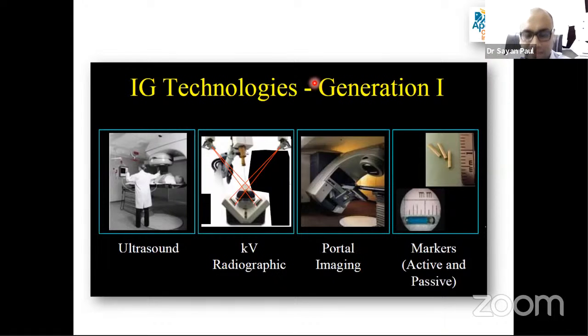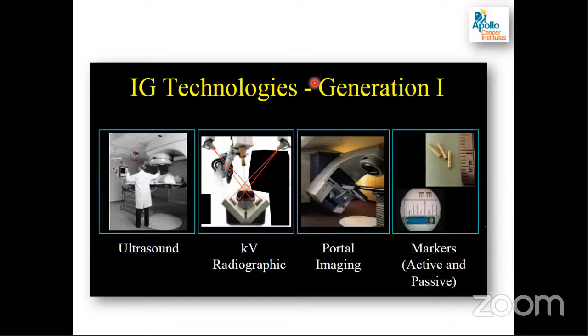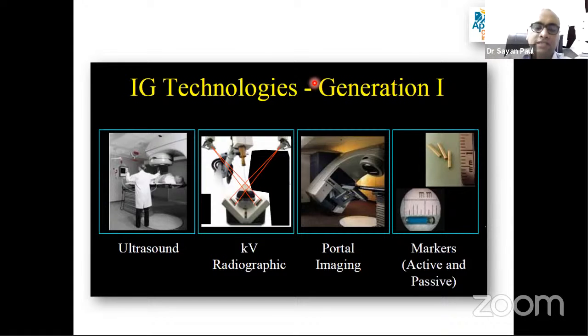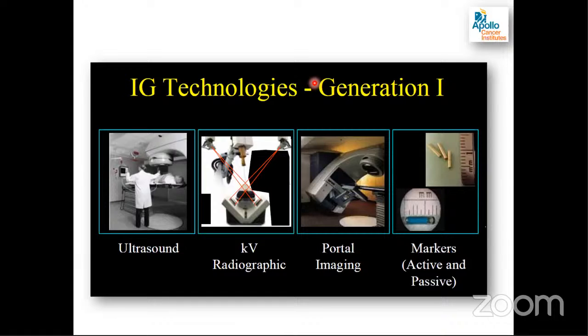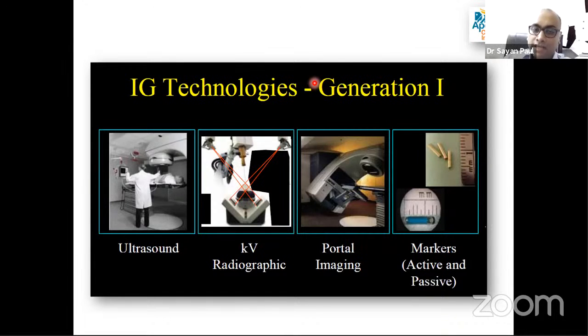Rather, it is 4-dimensional delivery if you consider time. So whether you do 2D planning or 3D planning, treatment delivery is always 3-dimensional or 4-dimensional. So you need to see the position of the target throughout the treatment to ensure that whatever you have planned is actually being delivered to the target.